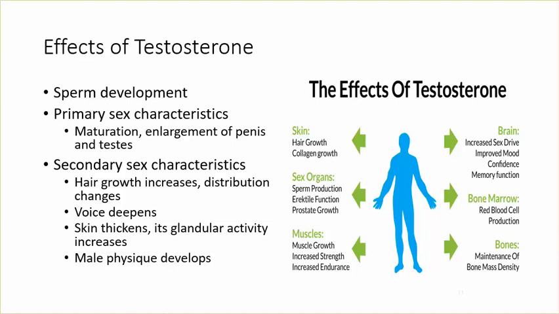The skin thickens, glandular activity increases, and the whole anabolic male physique develops. Bone mass density goes up, more red blood cell production. Right? It affects the brain and increases sex drive, confidence, memory, and mood.